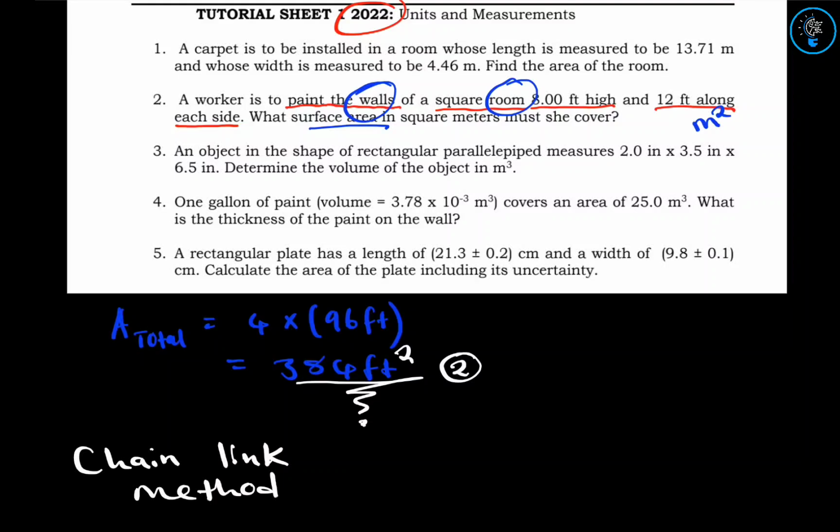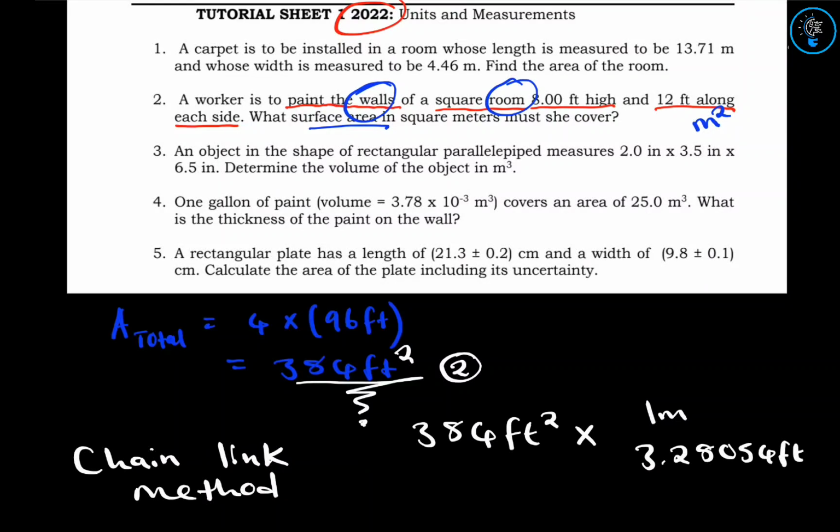Okay, so let's begin. You begin with the given value. So we're interested in this one, squared, multiplied by the conversion factor. We know that per every meter, we have 3.28054 feet.